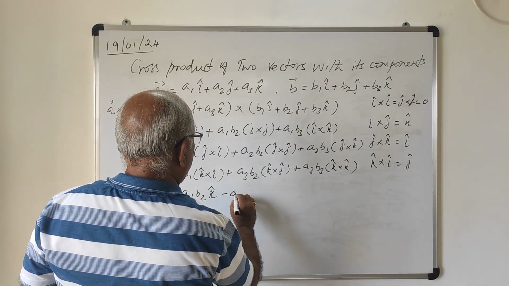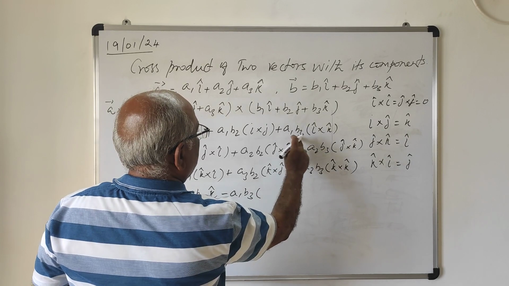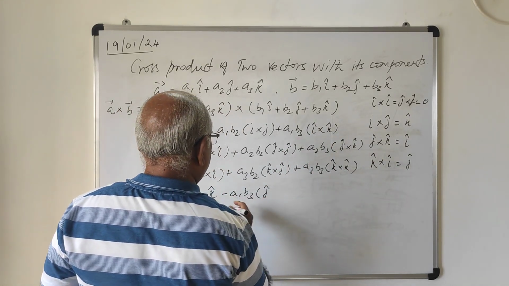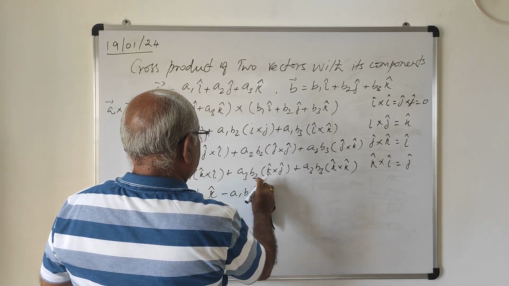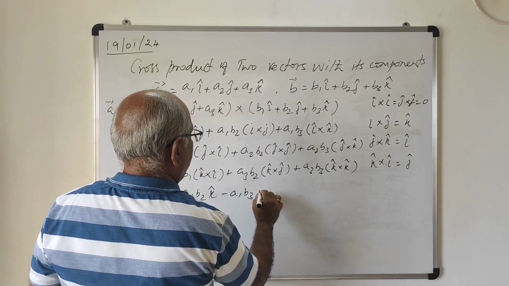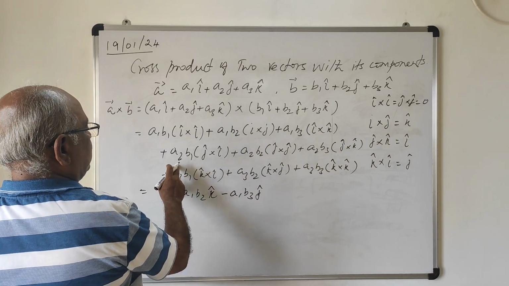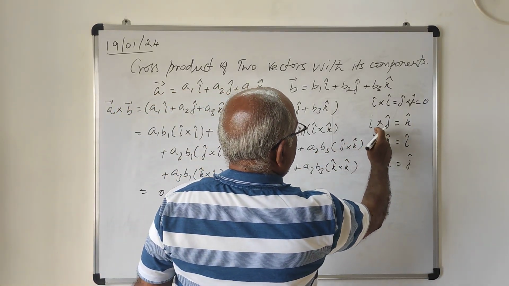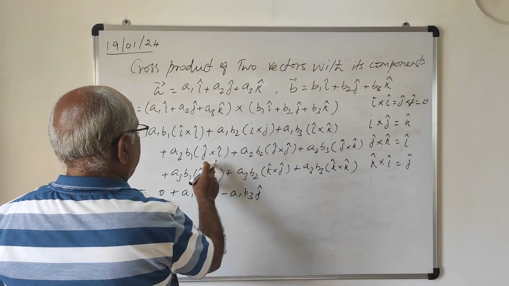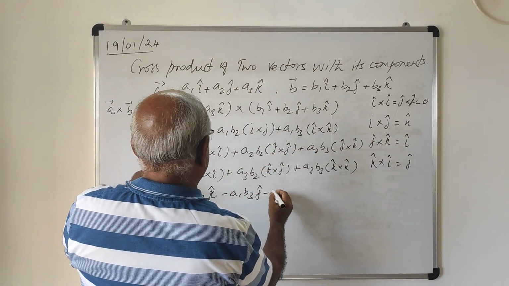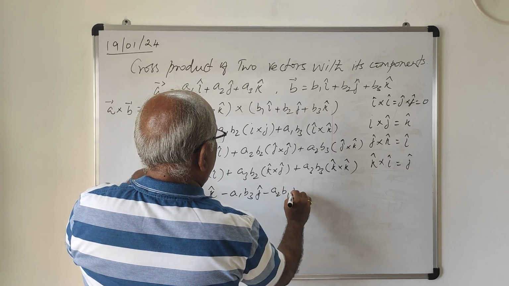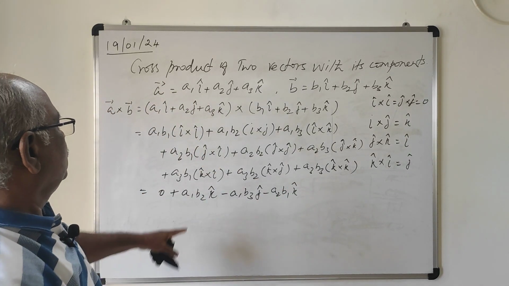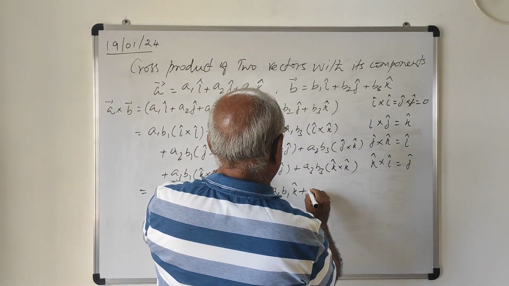Therefore, it becomes minus A1 B3 into J, since I cross K is minus J. Similarly, J cross I is minus K, therefore this is also minus A2 B1 into K. And J cross J is 0.